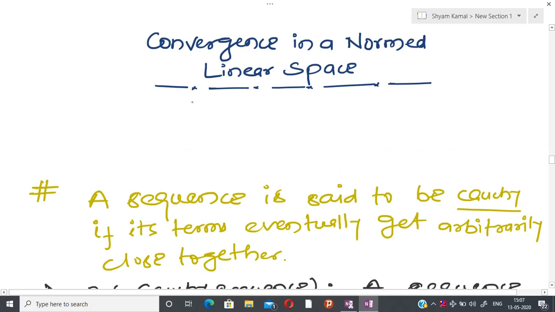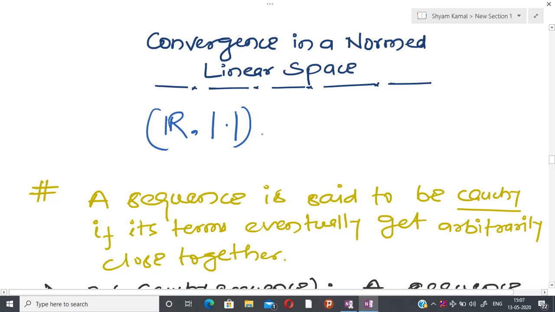Welcome back. In the previous class, we observed that if we have the real numbers represented by R, and if I define the distance between any two real numbers by the absolute value, then I can define the notion of the convergence of a sequence of real numbers.